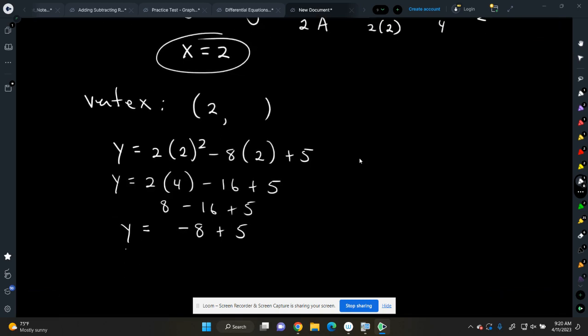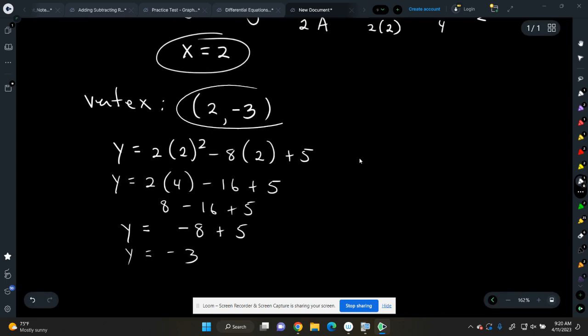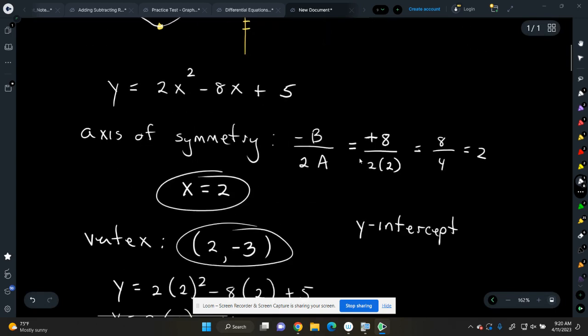So y equals negative 3. So what's my vertex? (2, -3). Good. Excellent. Okay. What's my y-intercept? 5. How do we know that? Because it's the c value, yes.